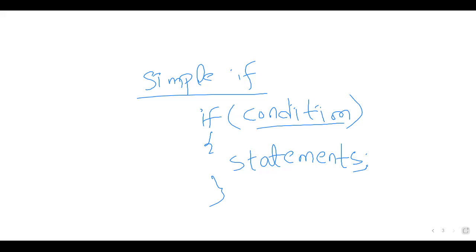If not satisfied, we don't know. In that situation, you choose the simple if statement. So this is the syntax for simple if. Syntax is nothing but the standard format. Just note down the syntax, then we'll go with the examples.